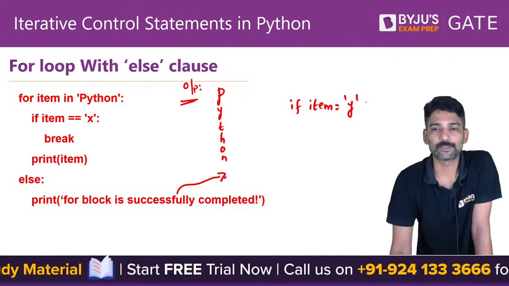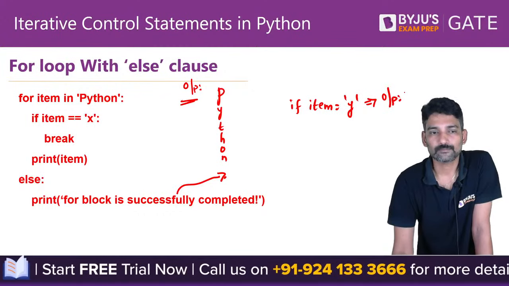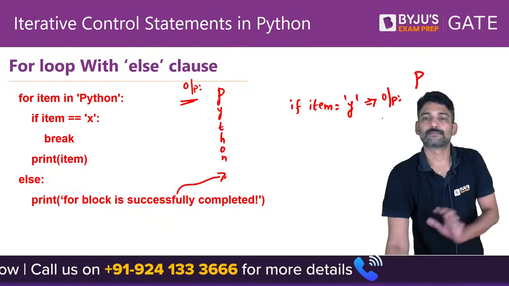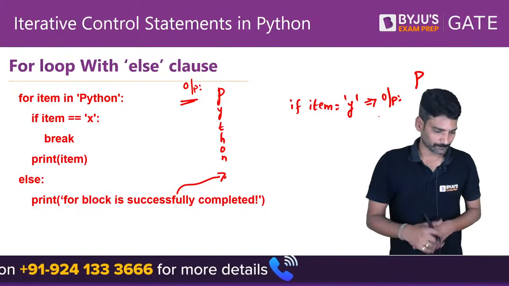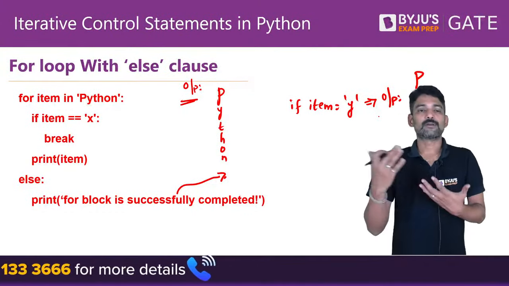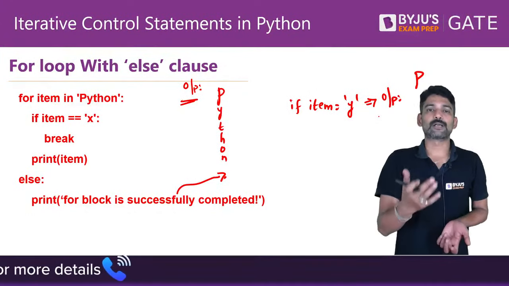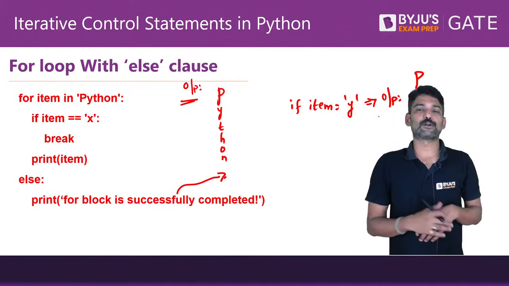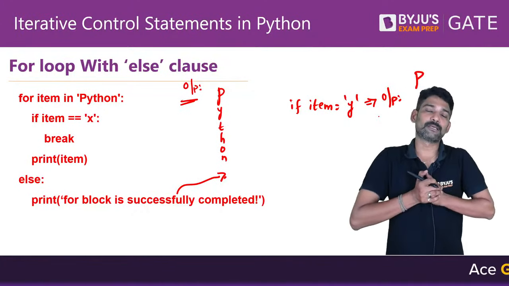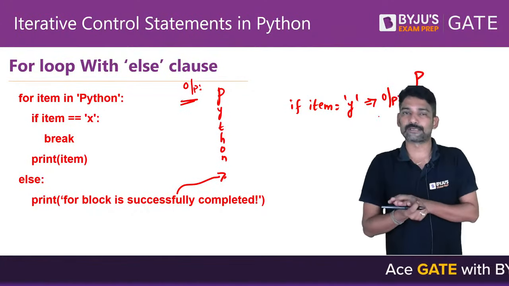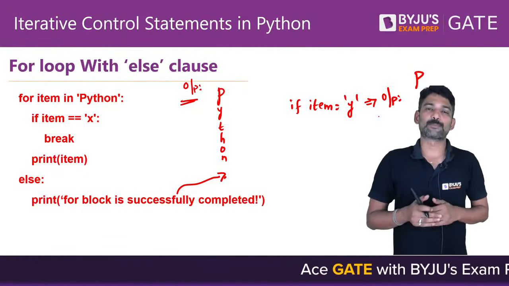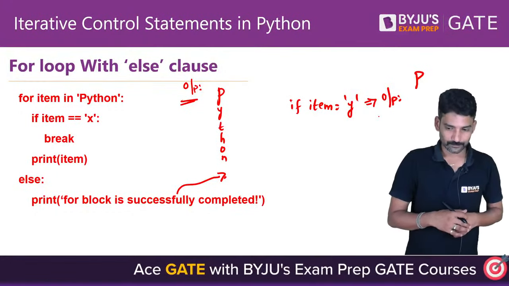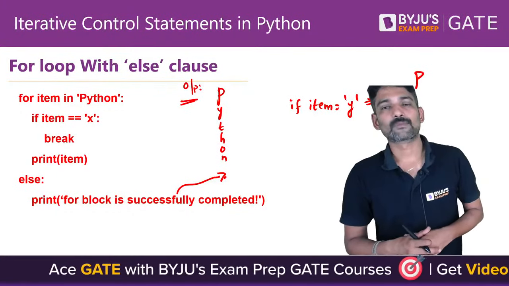Then what would be the output? P, when item equal to y, break. That's it. So you will get only P. Because whenever the character is y, you are telling to break, and whenever a for loop terminates with a break, else will not be executed. Abnormal termination will not cause else to execute. Only normal proper termination causes else to execute. Right?